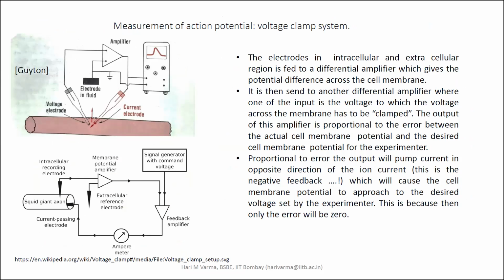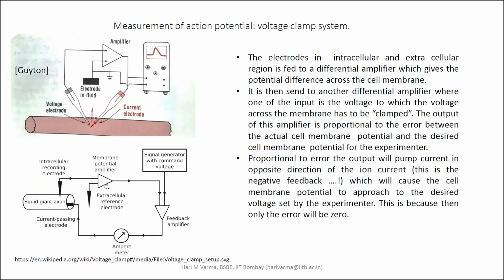Now this is a method to measure this action potential. This is a very good example of instrumentation. We have looked at instrumentation amplifiers and all those things in tutorial 1. So here what you do is you take a differential amplifier and connect two inputs. One is the extracellular region, and another is the intracellular region.